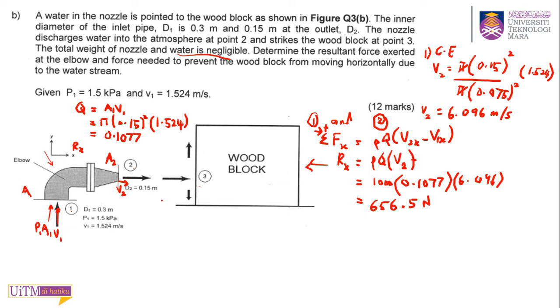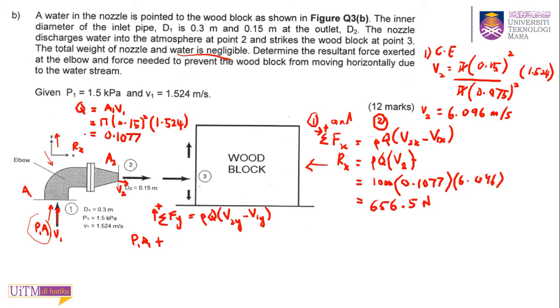and you need to do the same for y. Positive upwards, summation of force in y equal to rho Q times V2y minus V1y. And you have the force terms in y, so you have P1 A1 in y direction, positive P1 A1 plus you have the RY lah.